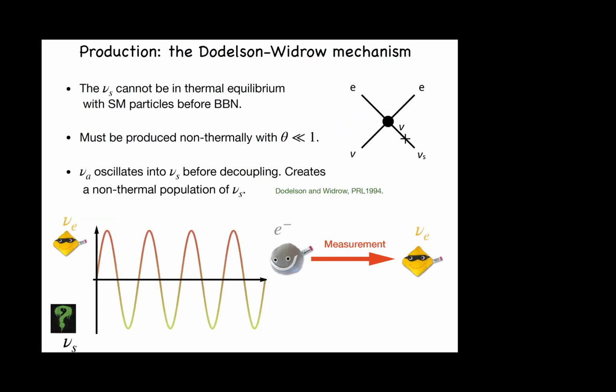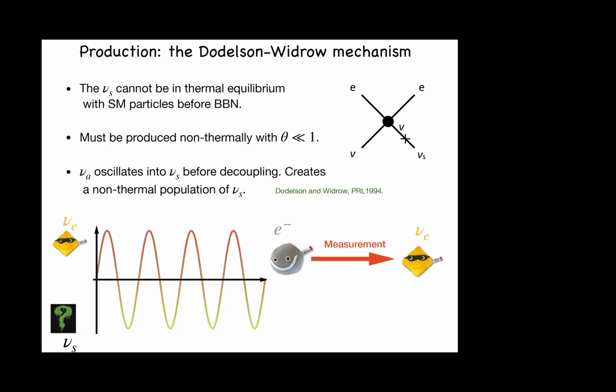If the sterile neutrinos were in thermal equilibrium with the standard model particles, this would immediately infuse more energy into the plasma bath, and that screws up your entire BBN calculations. So you cannot have the nu S in thermal equilibrium before BBN. You must produce them non-thermally. You must start with a very small mixing angle and gradually produce them so that they're never in thermal contact before BBN.